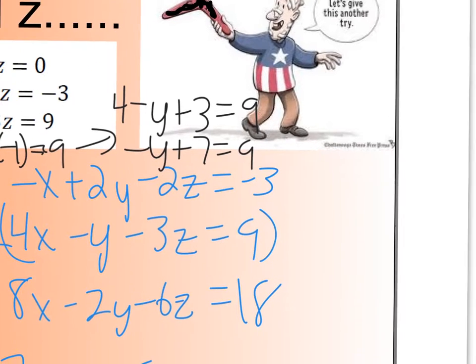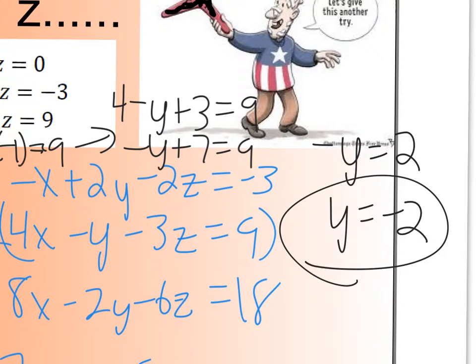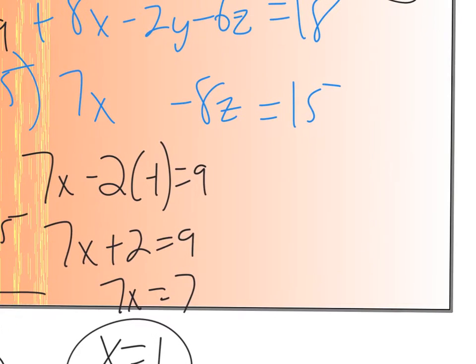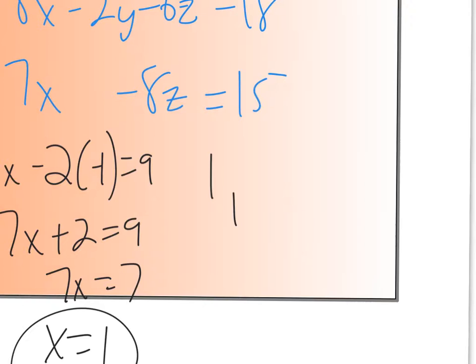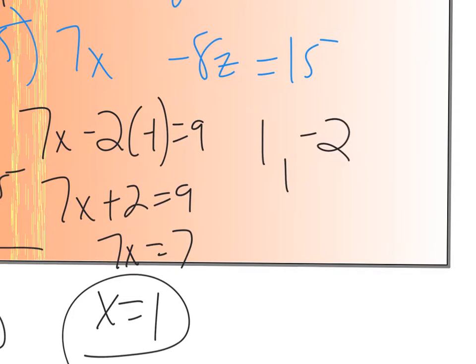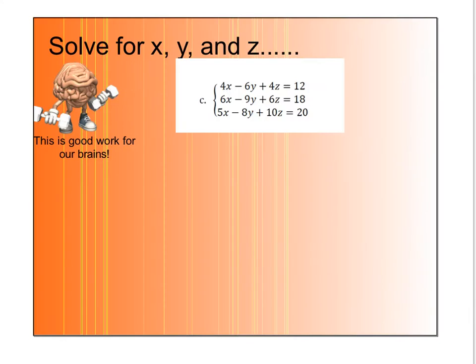And I'll keep working out this way. Negative y equals 2, so y equals -2. So my final answer becomes x is 1, y is -2, and z is going to be -1. There's my solution.